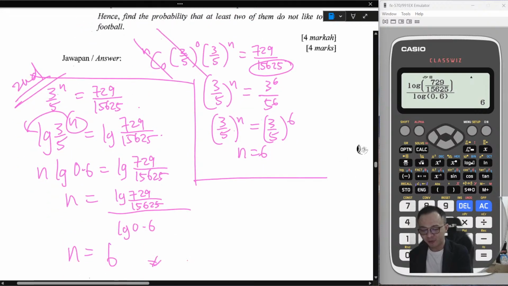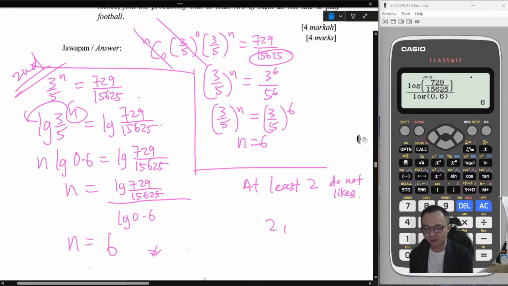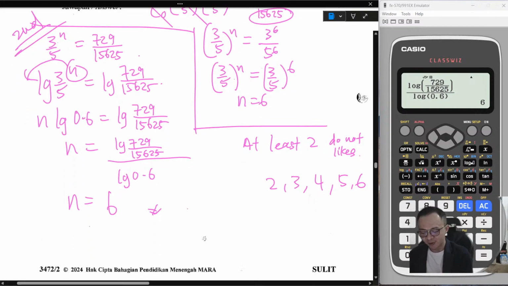So what we want to do is at least 2 do not like. At least 2 do not like means 2 students do not like, 3 students do not like, 4, 5, or 6 students do not like. If 2 students do not like, we have 6 students in total, that means 4 students like to play football.